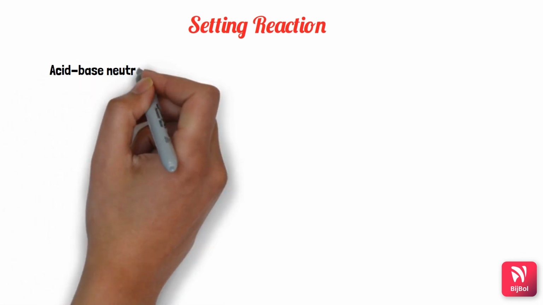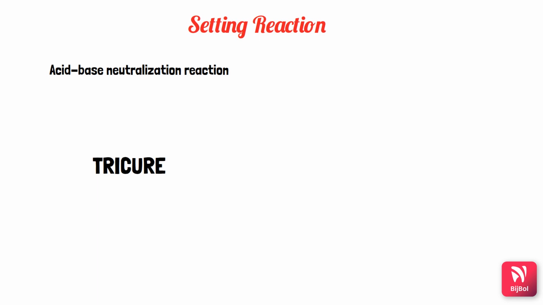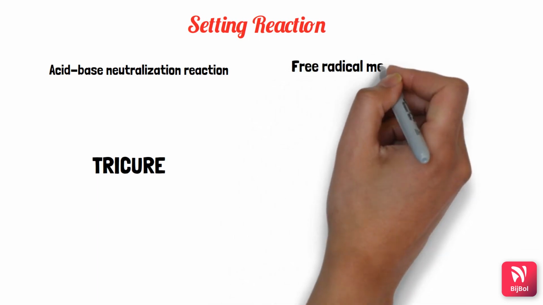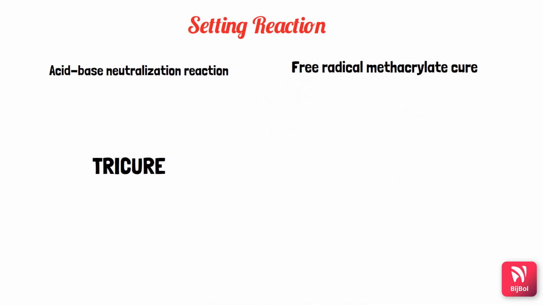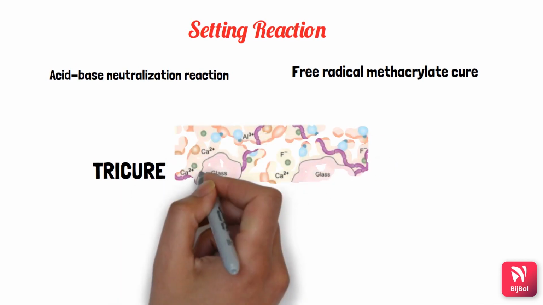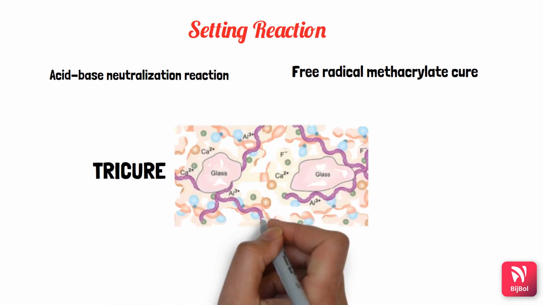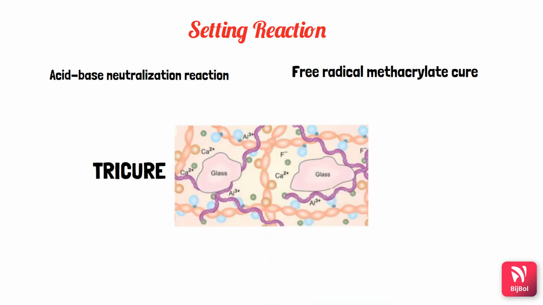Coming to the setting reaction, it is a tricure reaction with acid-base neutralization and also due to the release of free radicals, that is methacrylate cure. If you observe the mechanism, there is a cross-linking of the methacrylate groups due to the chemical initiators in the powder, and also there is an acid-base reaction between the glass and the polyacrylic acid running simultaneously.